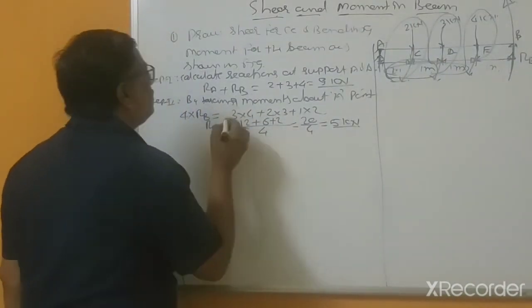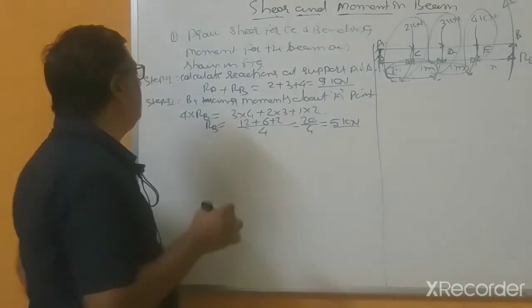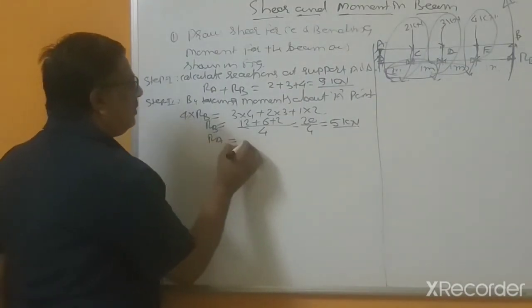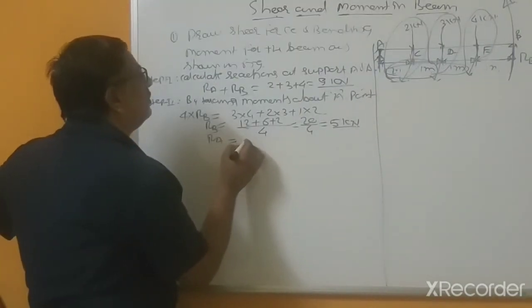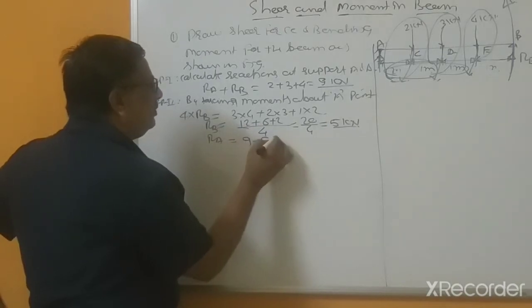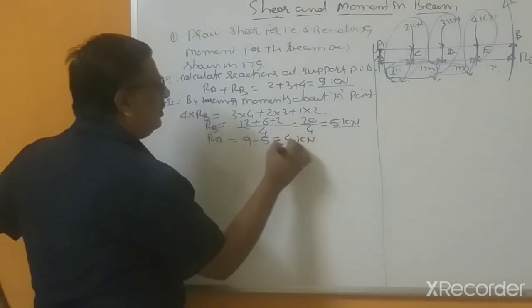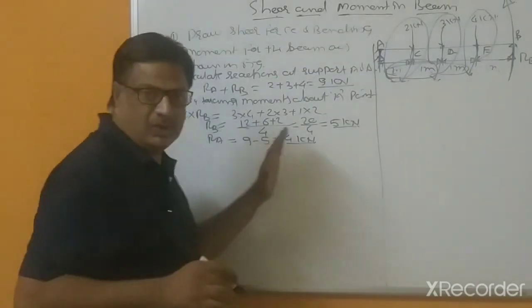RB equals 5 kilonewton. So RA plus RB equals 9 kilonewtons, RA equals 9 minus 5, equal to 4 kilonewton, right?